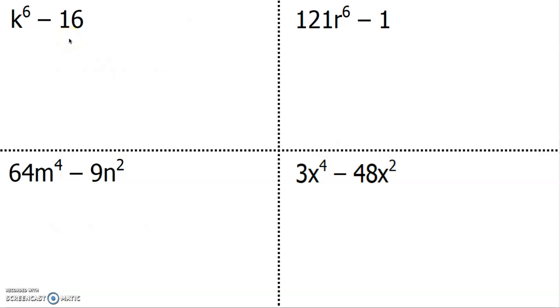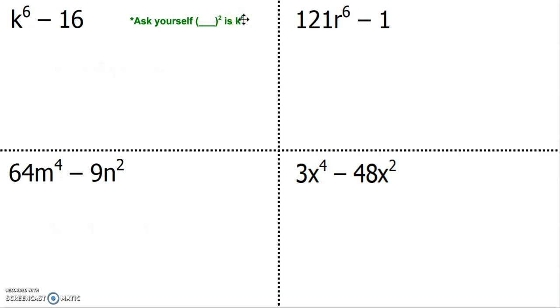Right here, I have k to the 6th minus 16. So first we have to recognize, is this a difference of squares? We know 16 is definitely a perfect square because that's 4 times 4. But we need to ask ourselves, what squared is k to the 6th power?